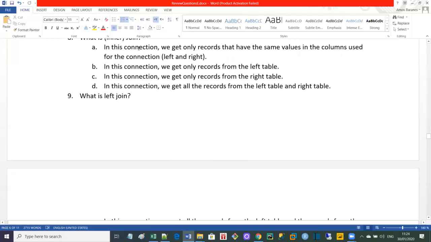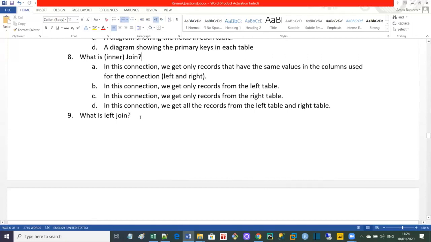What is a left join? Left join is an extension of join. The idea of left join means that the table you're writing first, meaning in my example for question number 8, it's table A, okay?